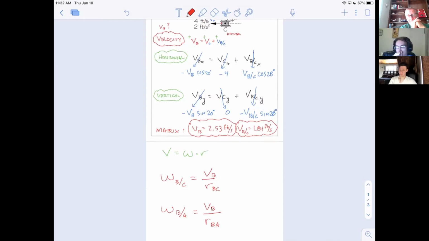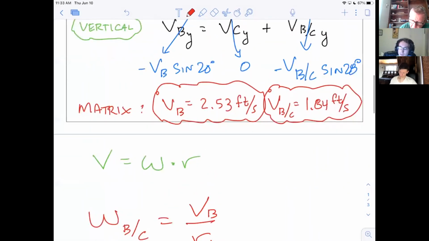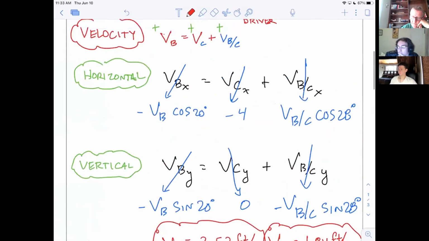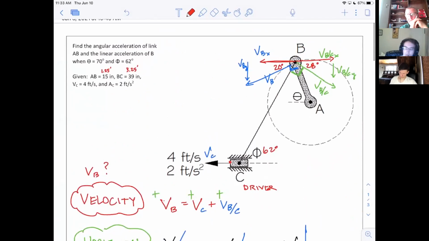So if we're talking about WBA, it should be a 90-degree velocity coming out from that radius. In other words, it's the one perpendicular to that radius. Now we say up here the velocity of B, but you could just as easily say velocity of B as it rotates around A, because that's what's happening up there.